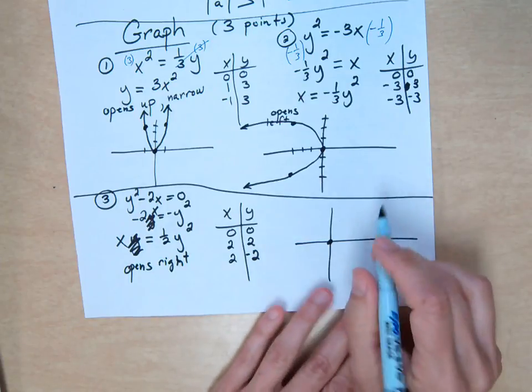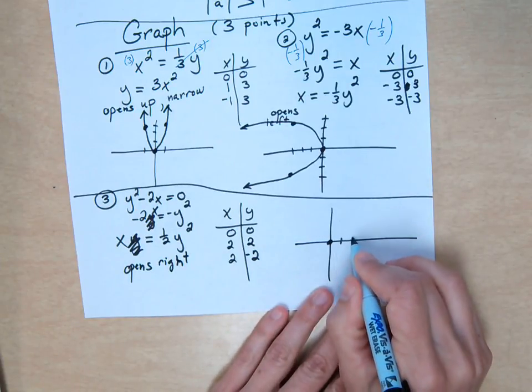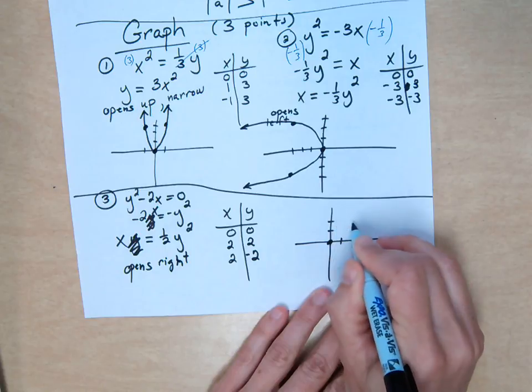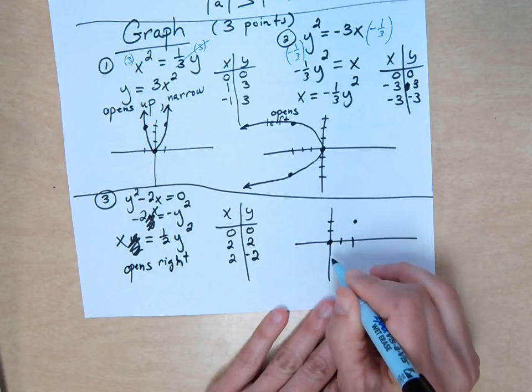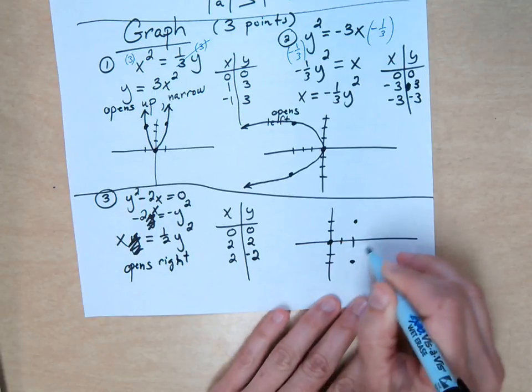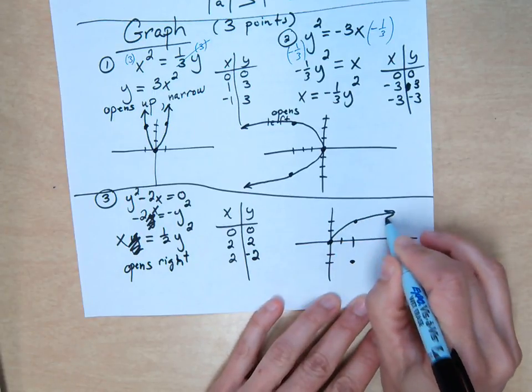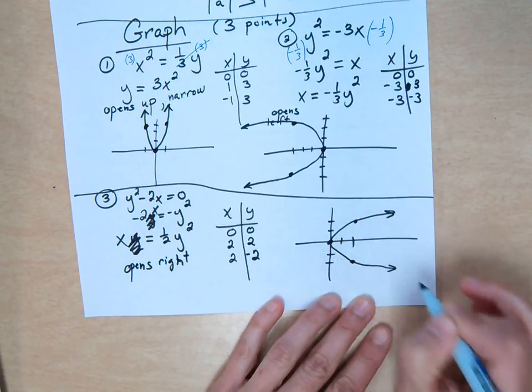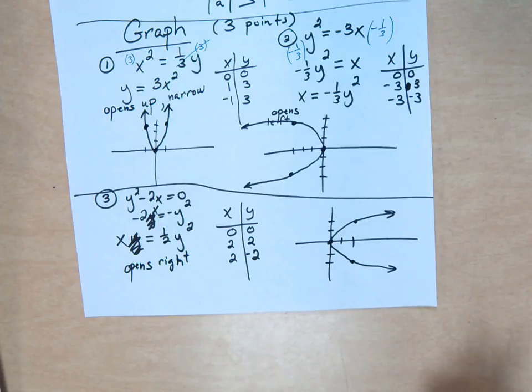You can use your calculator for that if you want. So we plot the point 2, 2 and 2, negative 2, and you can see how it opens to the right. And there it goes, opens to the right. So I think we should be good with that unless you want to see another example. Okay.